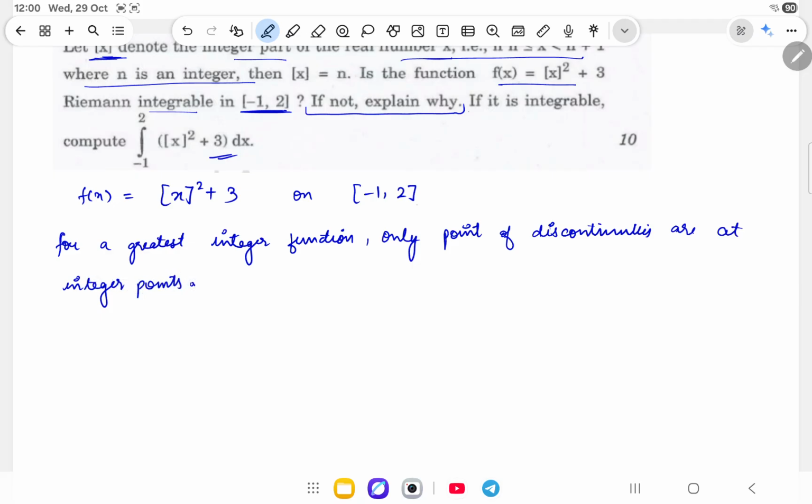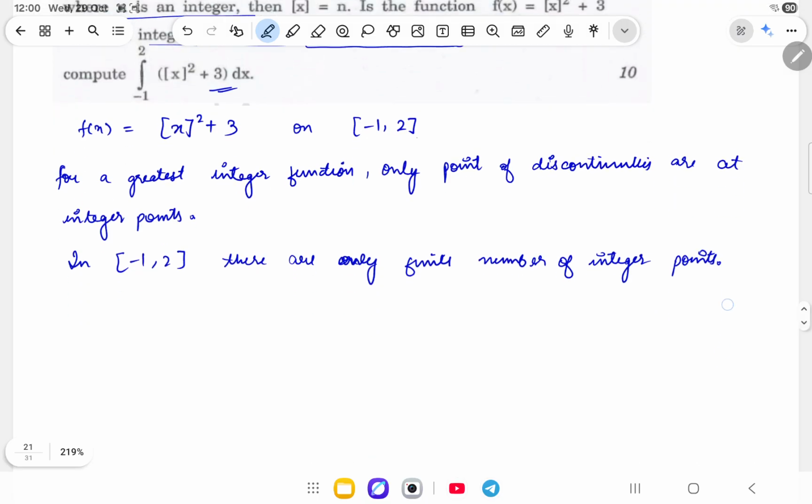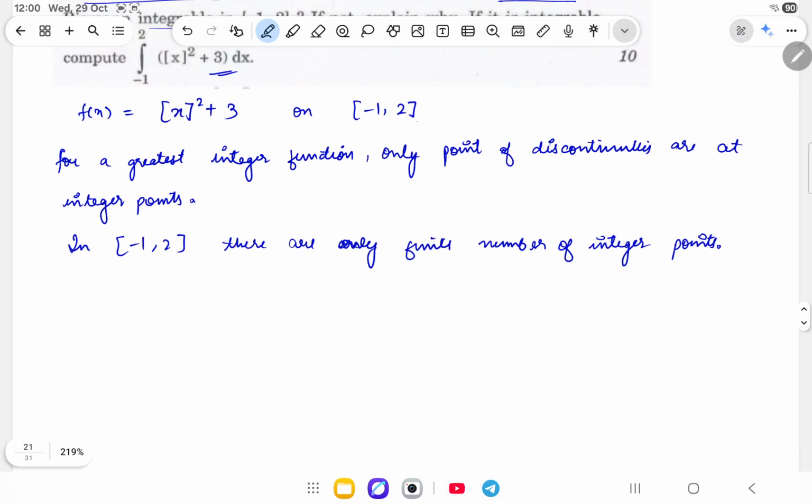And if you observe, in this interval, the minus 1, 2 interval, there are only a finite number of integer points. And since there are only a finite number of integer points, the number of discontinuities that this function f(x) has is finite.